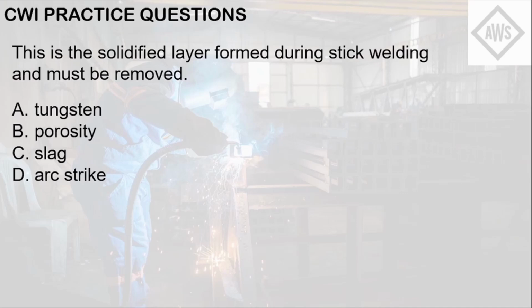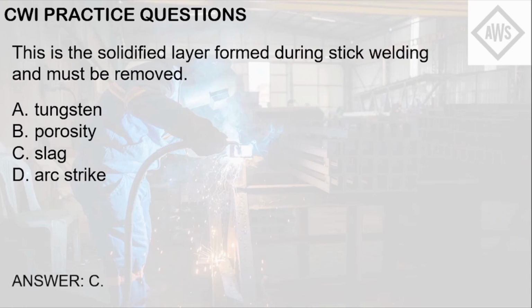Letter D, arc strike, is also another weld defect or discontinuity: the unintentional or intentional striking of the welding electrode to the other part of the base metal at or near the welded portion of the metal. So that leaves us with the answer, letter C, slag.